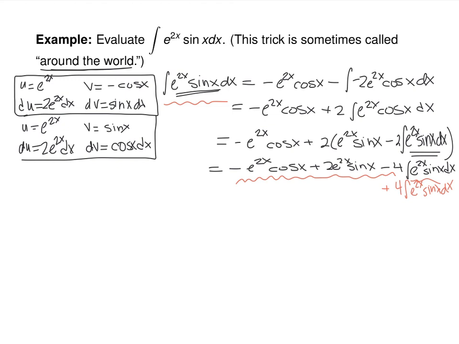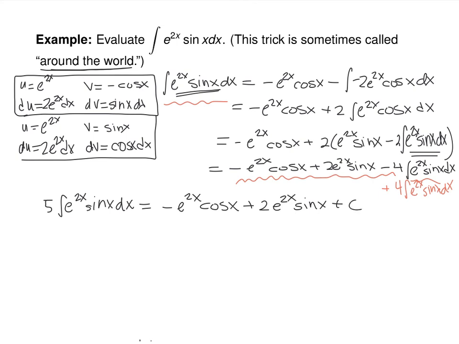And that is going to make this into 5 integrals of e to the 2x sine x dx. That's equal to negative e to the 2x cosine x plus 2 e to the 2x sine x. And now's a good time to put in that whole plus c business.